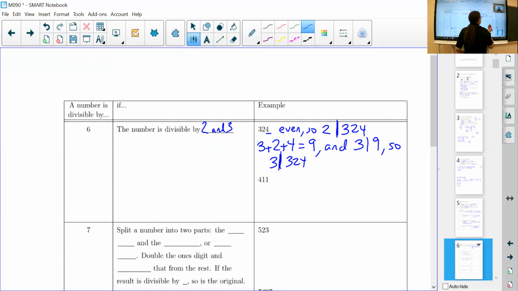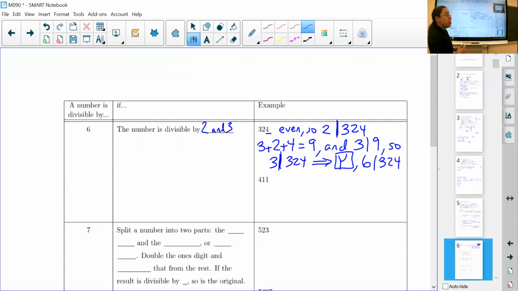Since it passes both tests, yes, 6 divides evenly into 324. As soon as it fails one test, we can just say, no, it doesn't work. So if it's not even, maybe for the next one, we can throw it out on the first step. I don't care if 411 is divisible by 3, the 2 doesn't work, so 6 doesn't work.